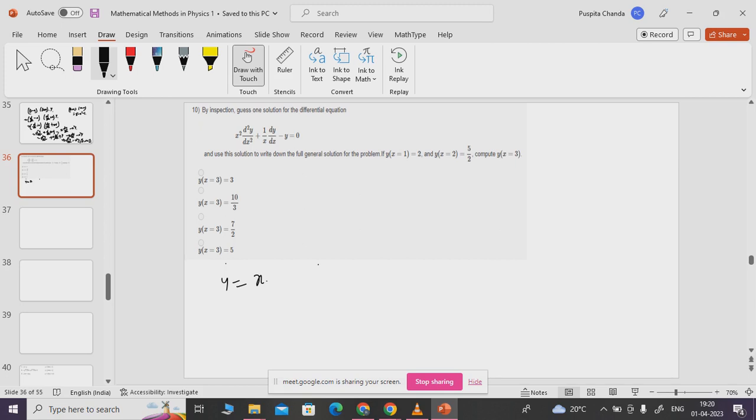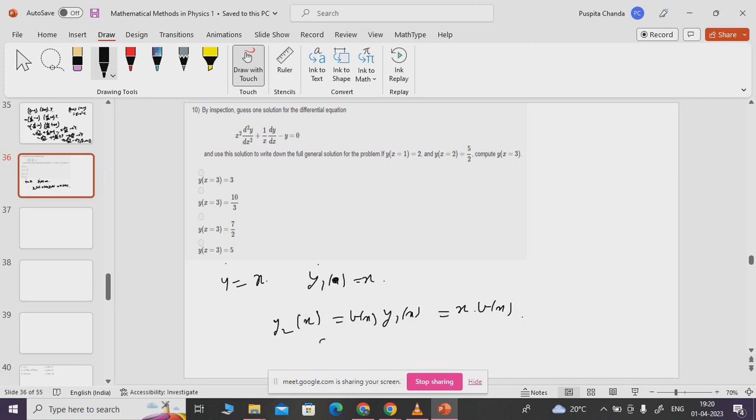So e to the power x will not reach near to that. So we will guess that one function is y is e to the power x. So y1 x is equal to x. We need to find y2.